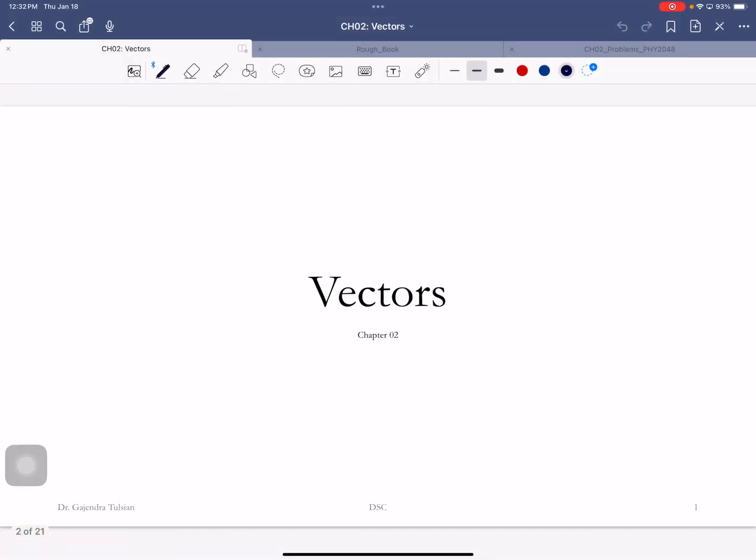All right. So this chapter is about vectors, as you can see from the title. So let me motivate this first.